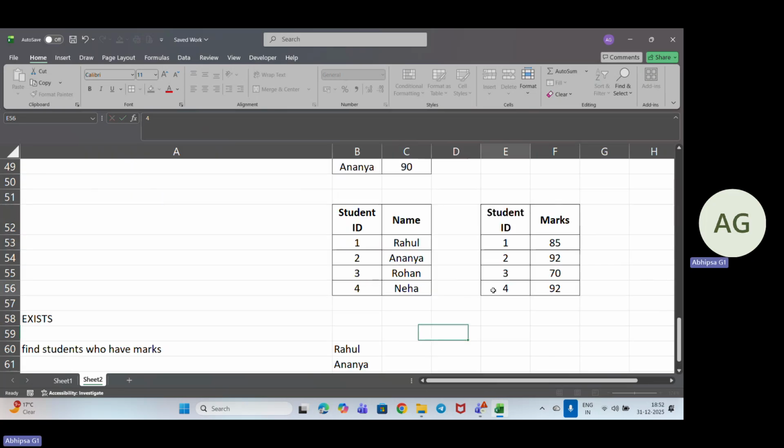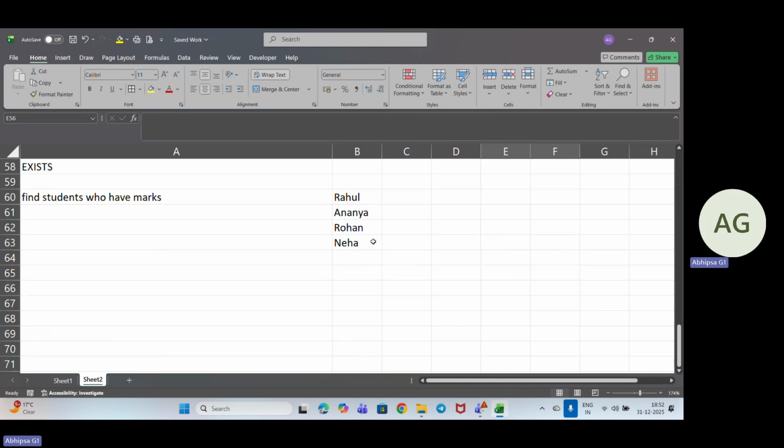Now suppose we don't have this value, like 4 and 92, this value we are not having. In that case, what happens? We will get the values till Rahul, Ananya, and Rohan. So that comes with EXISTS.